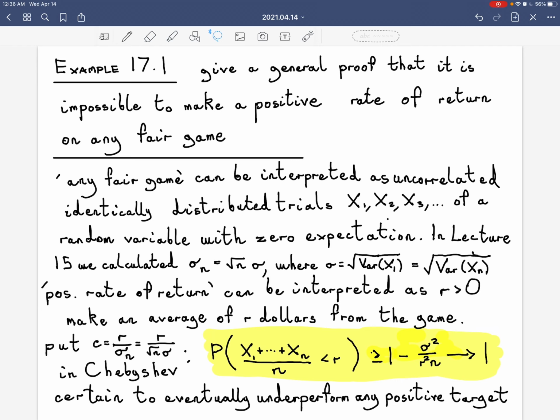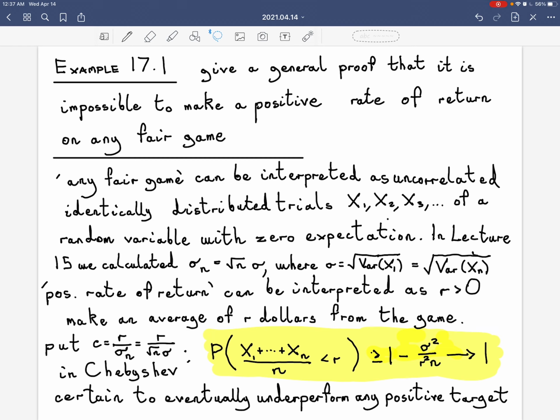And so we can see why it's mathematically necessary to underperform any target for your rate of return in a fair game. Because we want to make a clever balancing choice in this constant c that appears in Chebyshev's inequality.